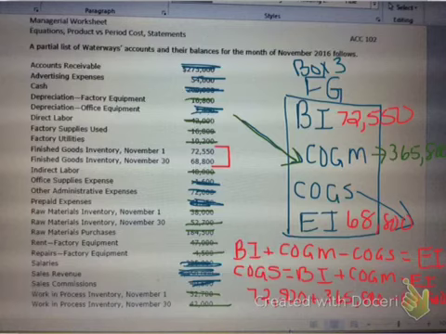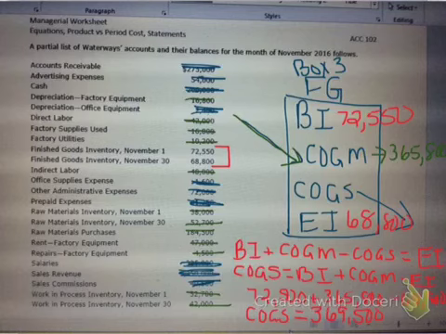And that is going to give me my cost of goods sold being equal to $369,500. And so now I can fill out all these places in the respective boxes.